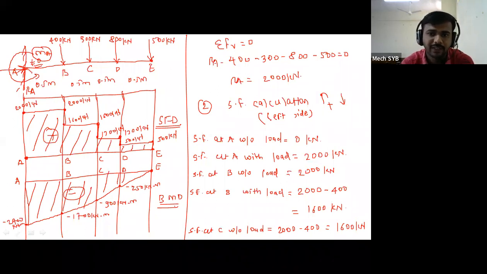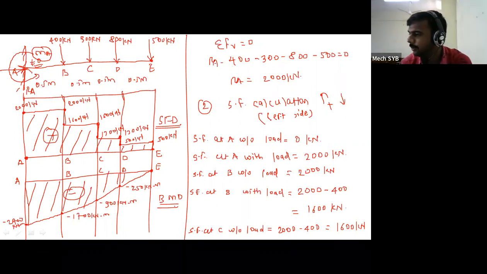Only reaction calculation, SF calculation, and BM calculation. But understand the difference between simply supported, overhanging and cantilever beams, and how at the fixed support bending moment is not equal to 0, because it is subjected to a moment also, and a moment never comes as 0 there. That's why at point A the bending moment value is coming, but at the free end bending moment is equal to 0.